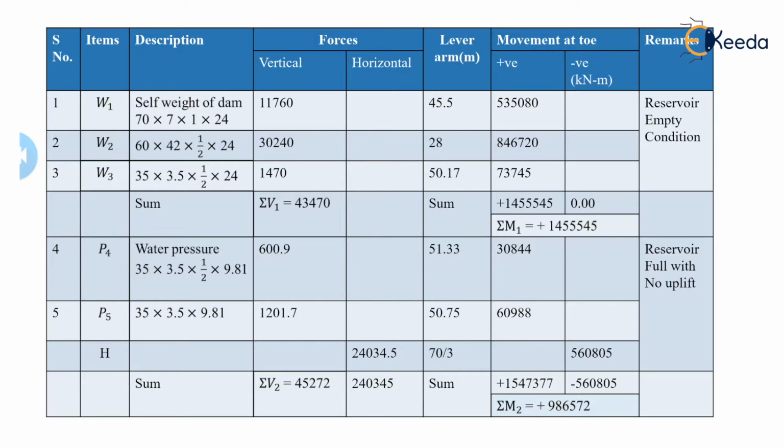Positive means the righting moments and negative means the overturning moments. If clockwise moments are exerted at the toe section, the dam will definitely fail in overturning. For this purpose we take this moment as negative. And when the moment is anti-clockwise, it resists that force and resists the body of the dam from failing.